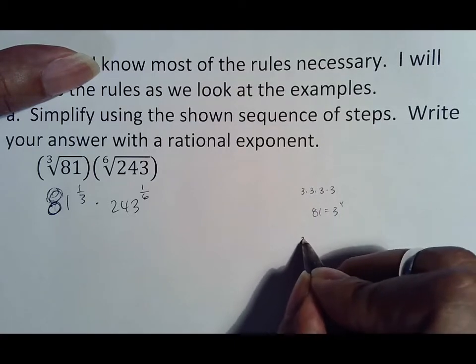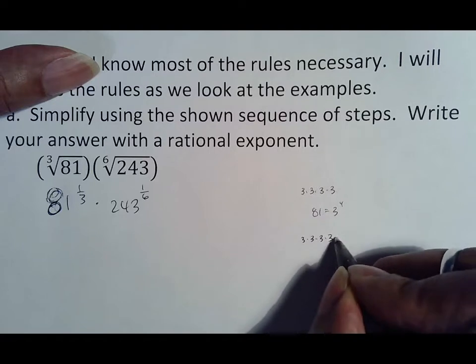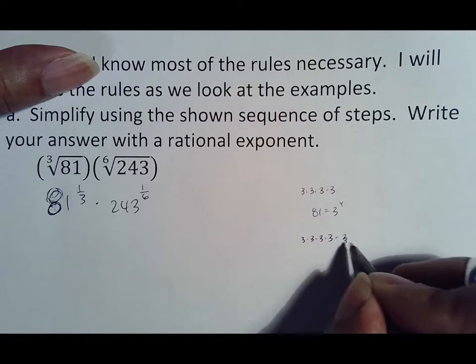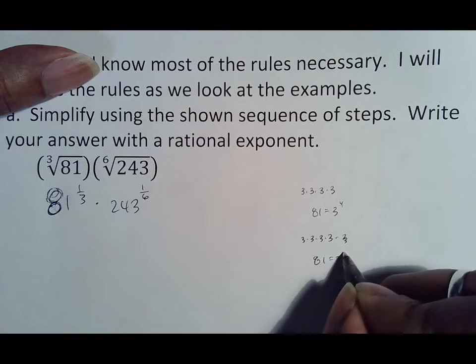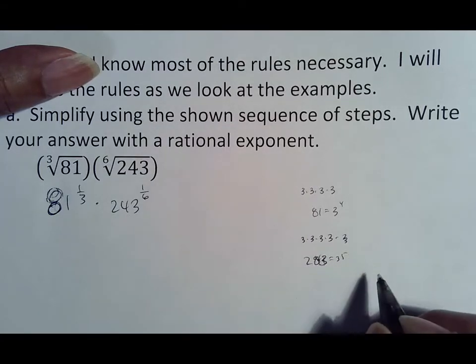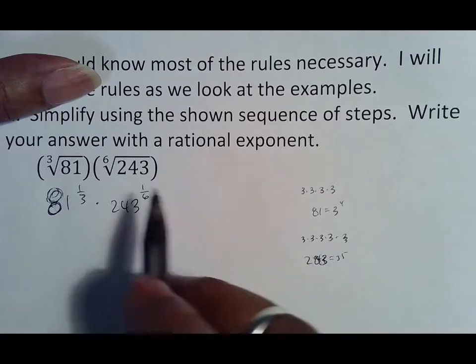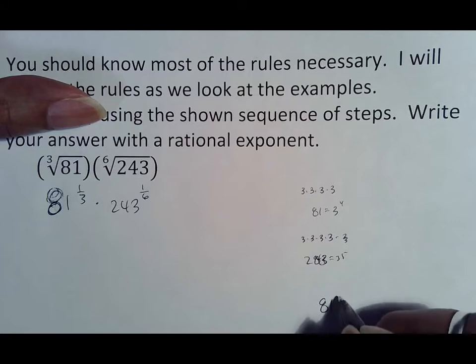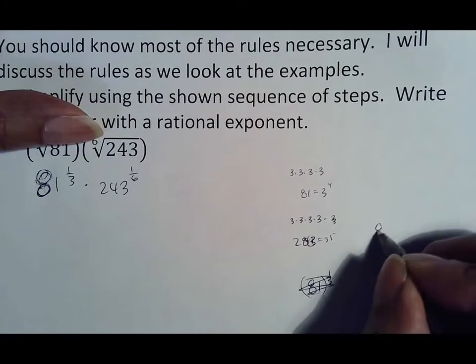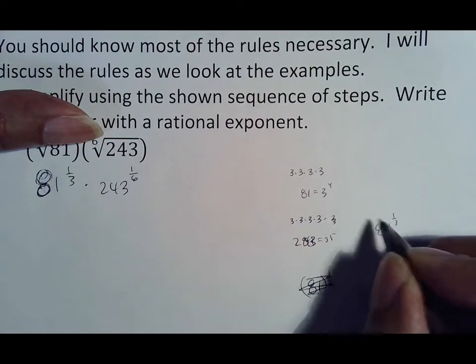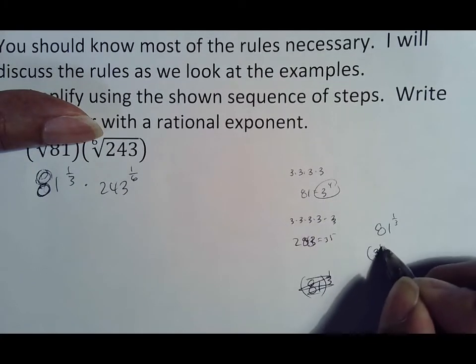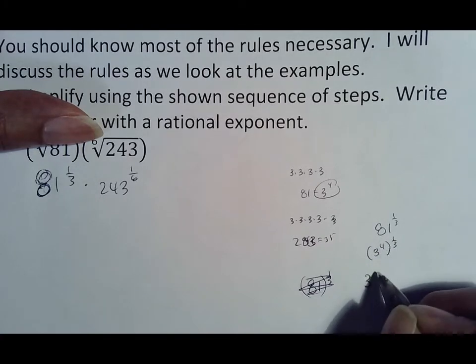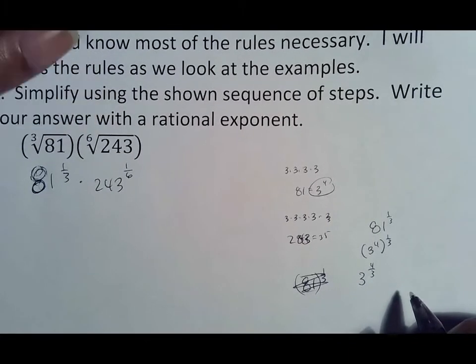243 would be, I think, 243. So 5 of them. So in terms of converting, 81 to the 1/3 is the same as 3 to the 4th to the 1/3, which, following our rules of multiplication, becomes 3 to the 4/3.